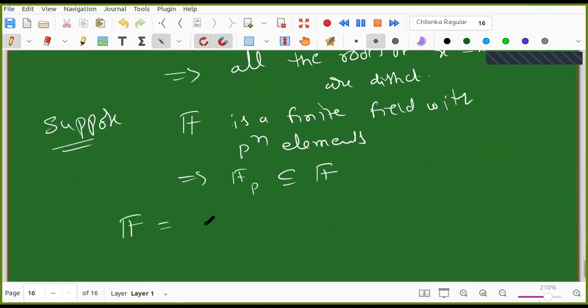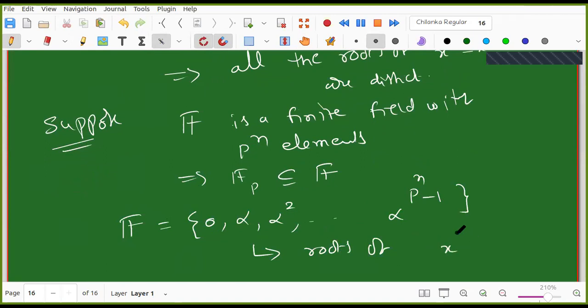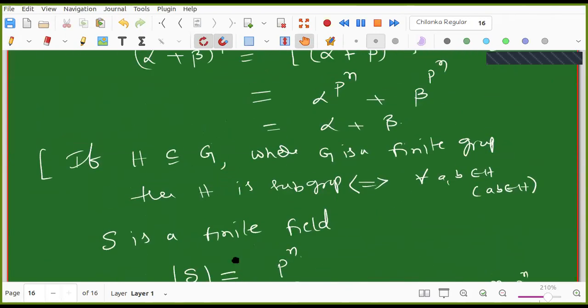We know F is equal to 0, alpha, alpha square, and so on up to alpha power p power n minus 1, correct? But these are all the roots of which polynomial? We already did this. These are the roots of x power p power n minus x only, right? Including 0.